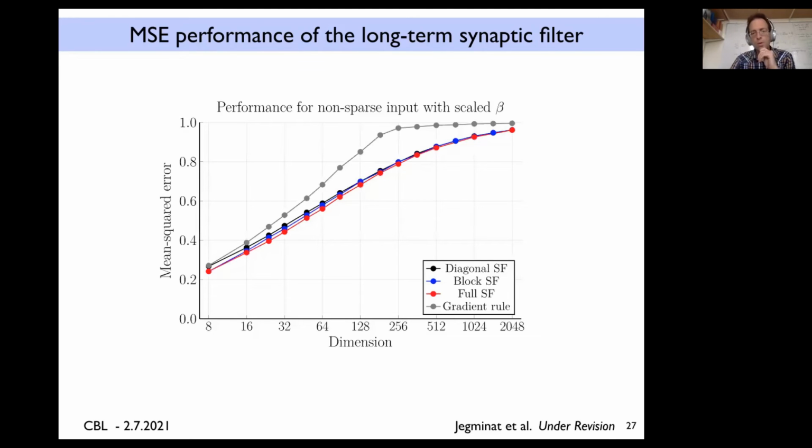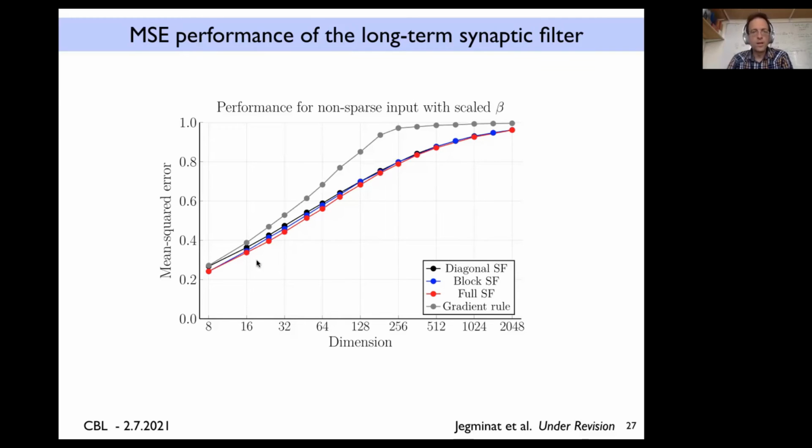Another way to look at the performance of this gradient rule is to look at how things go when the dimensionality increases. Because you may wonder, if the number of dimensions is large, maybe you have some central limit theorem issues, where the contribution of one input gets washed away by all the other ones, and you may wonder whether this filtering is still important. And actually it seems that it provides some benefit compared to the gradient rule.